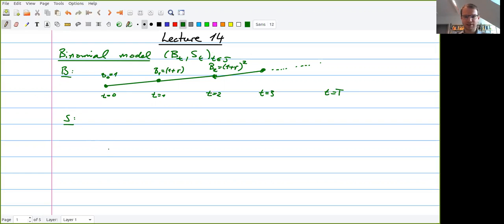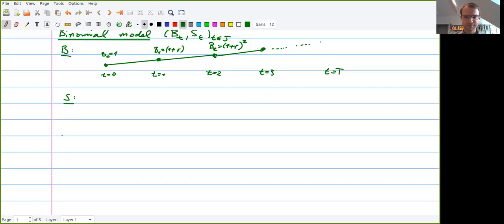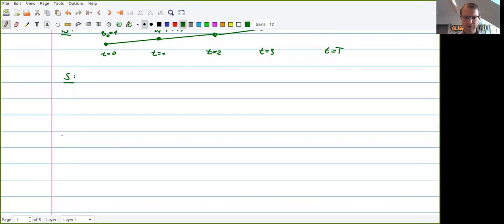Then we have the risky asset, which is the more interesting one. So let me go, because I need to draw a tree. So let me start below here. So at time 0 again, we have the price S0. Right? So this is a constant.